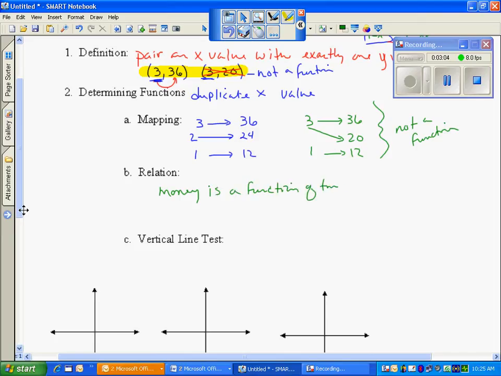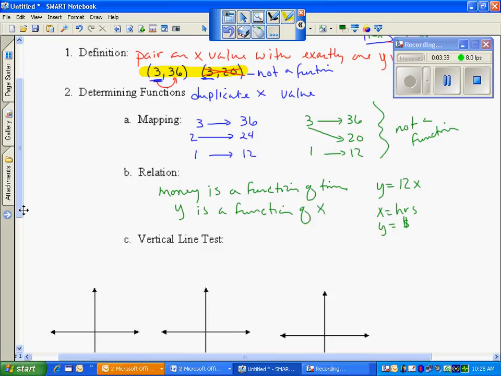We would write that money is a function of time, and that rule is 12 times every hour you work, where x is equal to your hours and y is equal to the amount of money. So we say money is a function of time. In other words, y is a function of x.